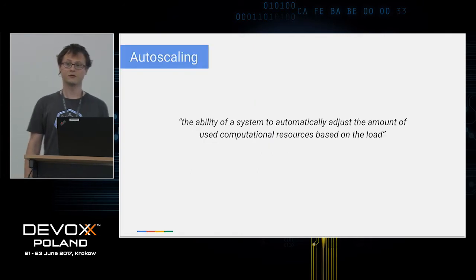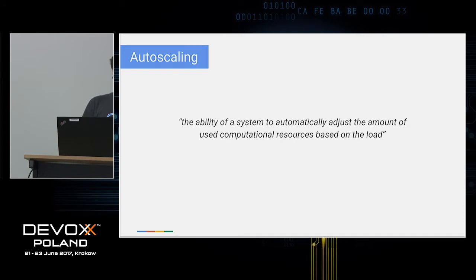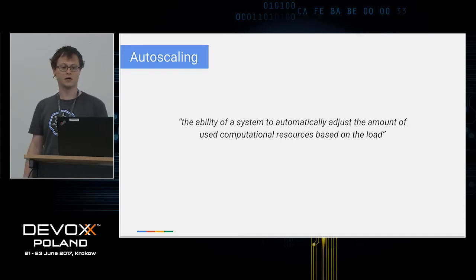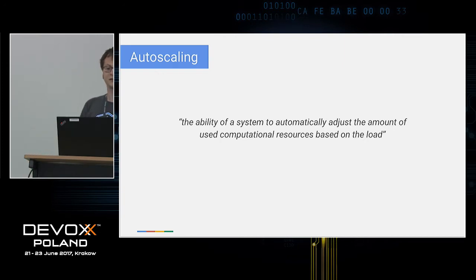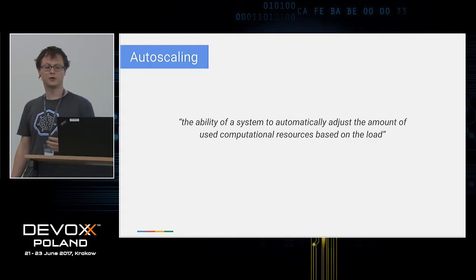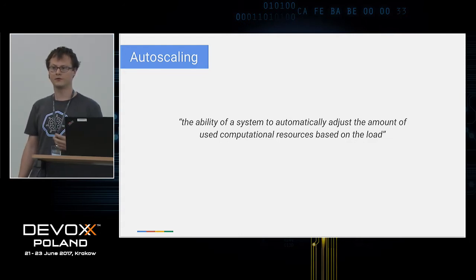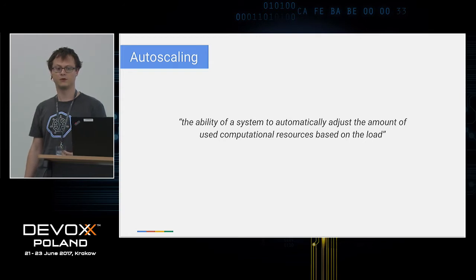Okay, so let's start with thinking a bit about what autoscaling is in general. I have a definition here saying that autoscaling is the ability of a system to automatically adjust the amount of used computational resources based on the load, which basically means that we want to be able to automatically provide our system with a reasonable amount of resources, such as CPU and memory.